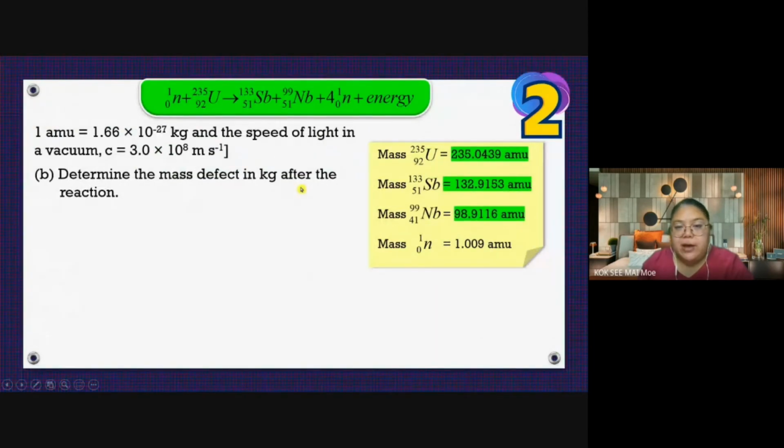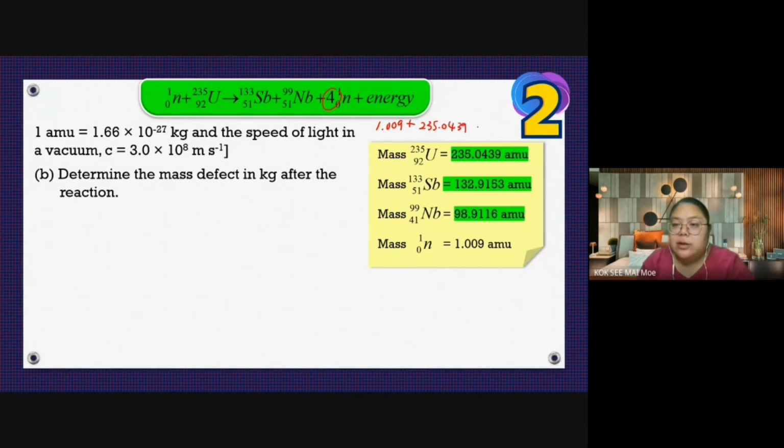Then we continue. Determine the mass defect in kilograms after the reaction. What we need to do is neutron plus uranium, then minus the Cs and the Rb. Don't forget the 4 neutrons; be careful with the equation. We have 4 neutrons, so we need to do the calculation now. The 4 neutrons are special, don't ignore the 4. You take 1.009 plus the uranium 235.0439.